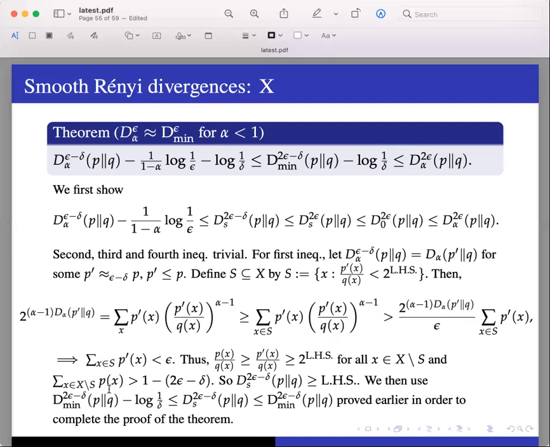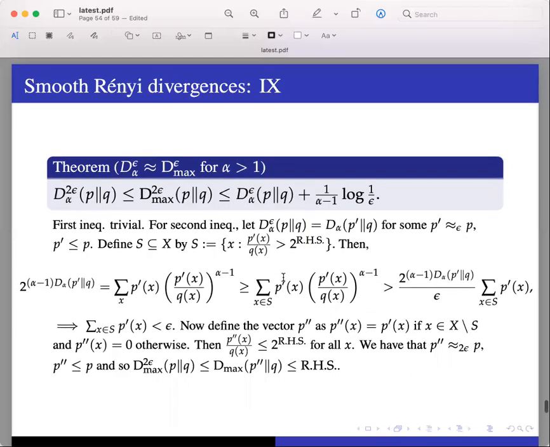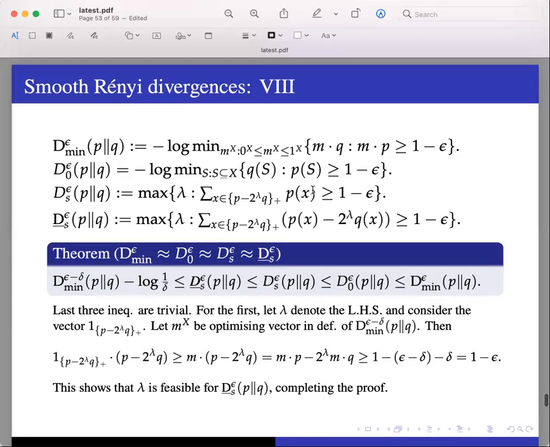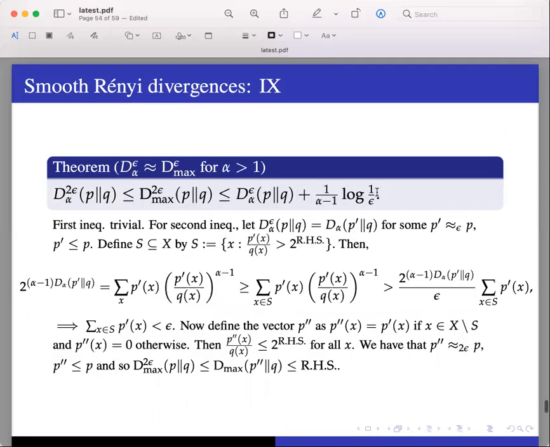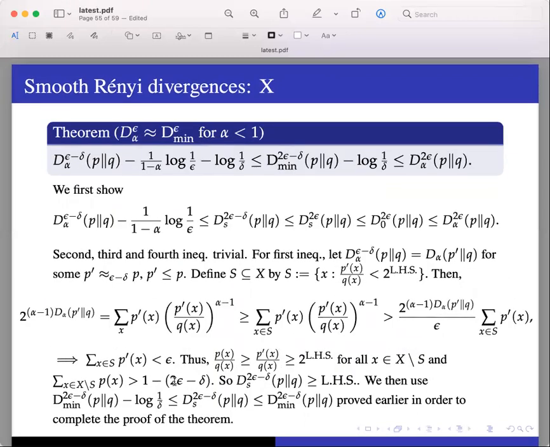The probability under p x is larger than the probability under p prime x, right? Because p is larger than p prime. And the probability under p prime x, by the definition of d epsilon s, is larger than 1 minus the smoothing parameter, which is 2 epsilon minus 2.